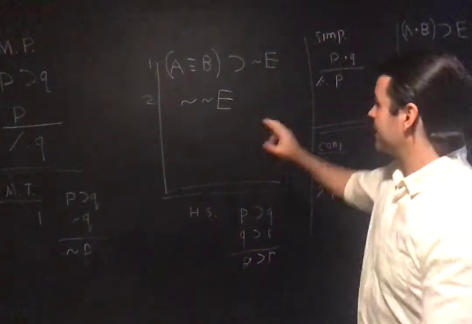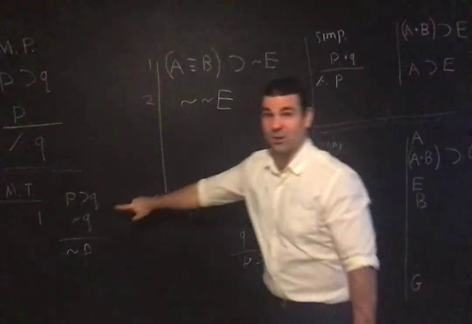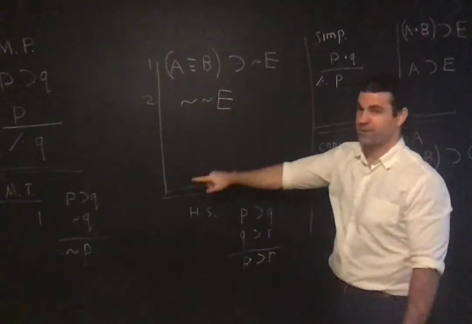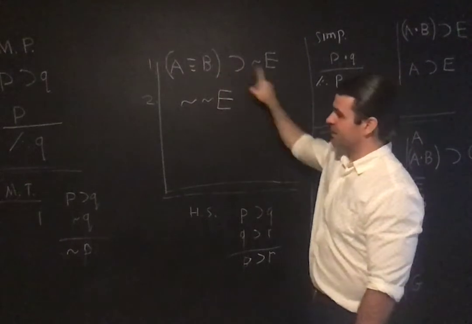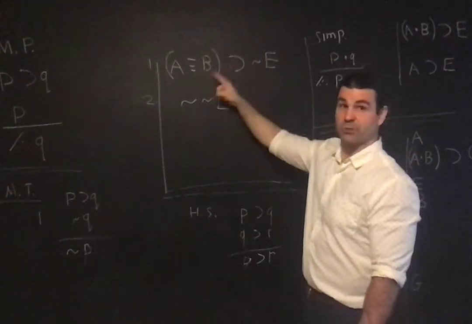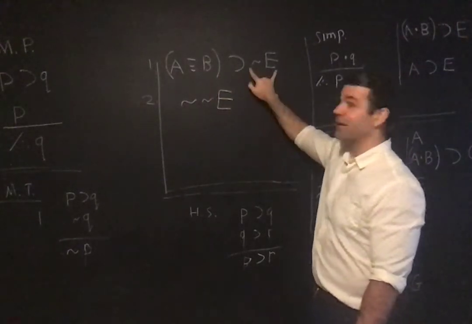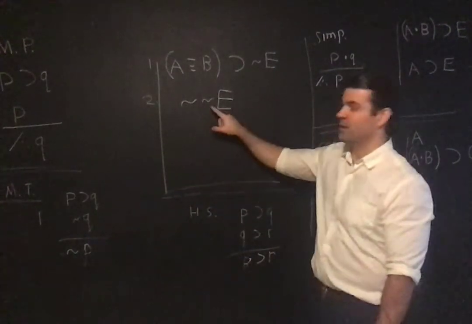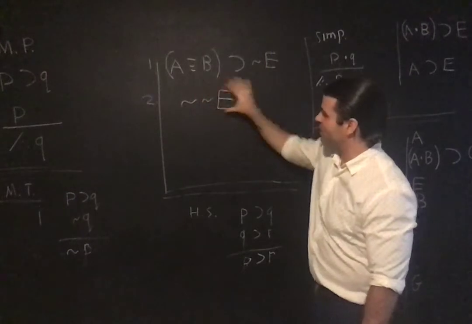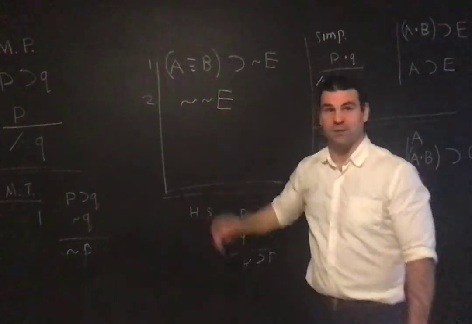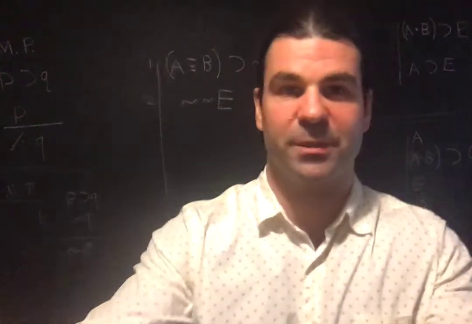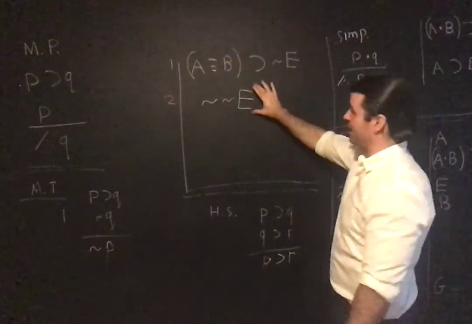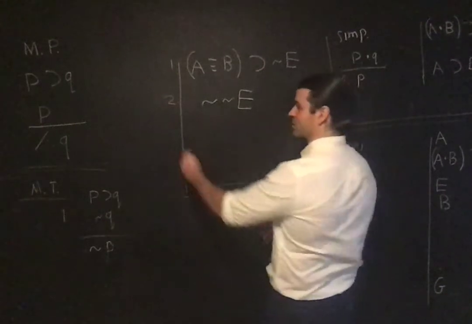Here, you've got to realize that modus tollens is: P then Q, not Q, therefore not P. If this is the substitution instance of my first premise, my Q is not E, which means the not Q has to be the negation of not E, not not E. We have to be rigorous. So if I had those two, then I can infer, and what's the conclusion?